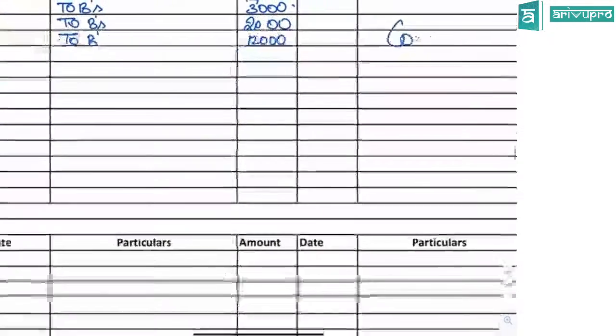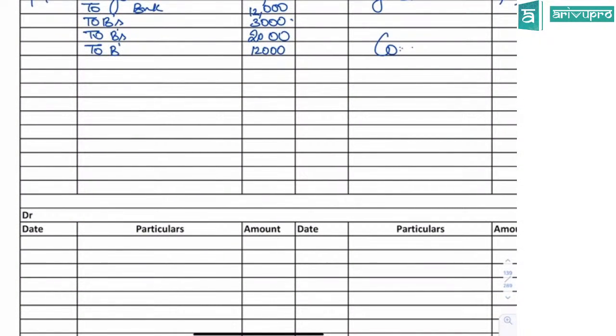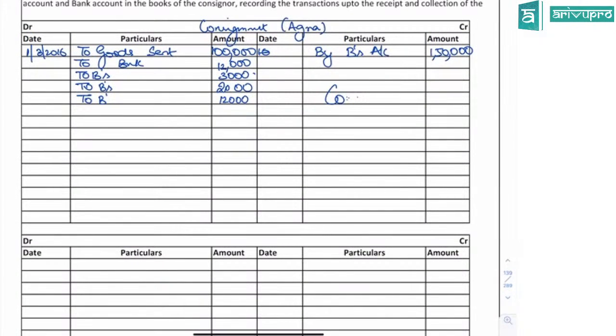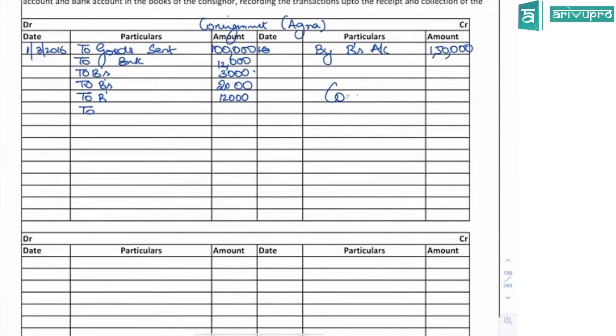So, either you can directly write it as consignment to bank charges 260. Are you clear? Amrut, first record the expense and then put it into the bank if possible, or else you can write it to bank also, that's fine.